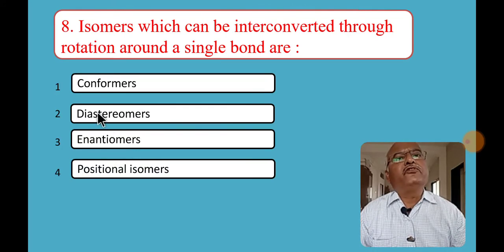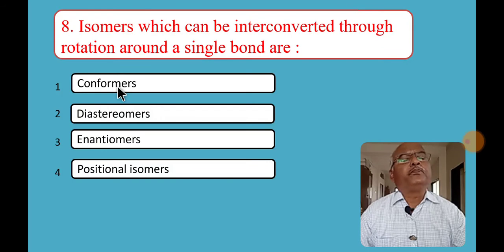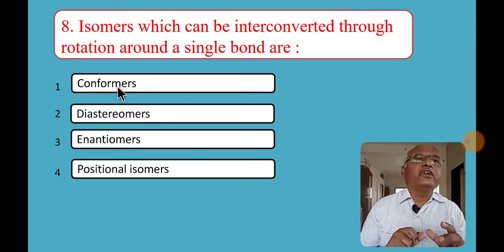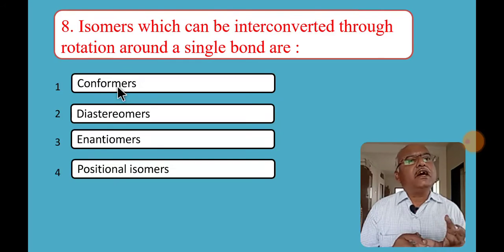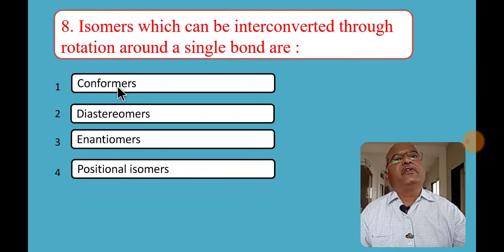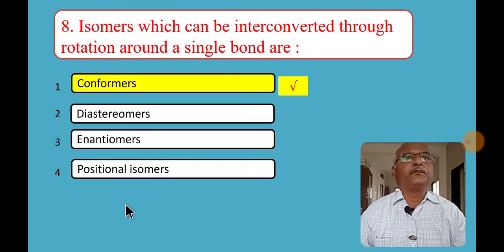So these options must be wrong. You know that conformers may be the correct answer because free rotation around a carbon-carbon single bond is possible. So check your answer. The answer is conformers.